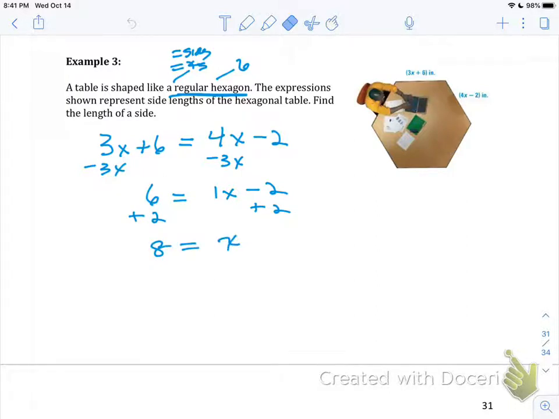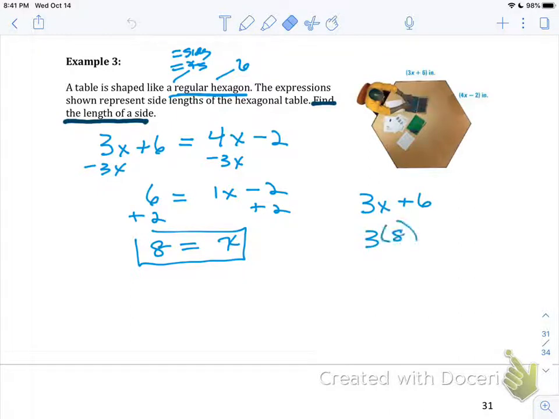So, therefore, I now know what x is. Have I answered the question? Find the length of the side. No, I have not. So now let's use our x. When the side was 3x plus 6, and x is 8, 3 times 8 is 24, plus 6 equals 30. And it's going to be inches. That's the length of a side.